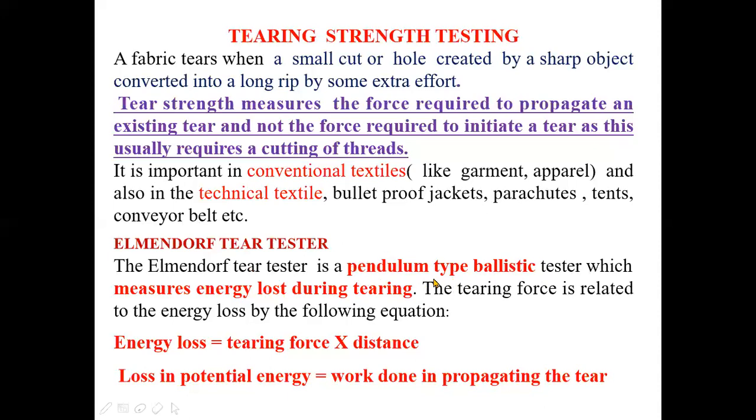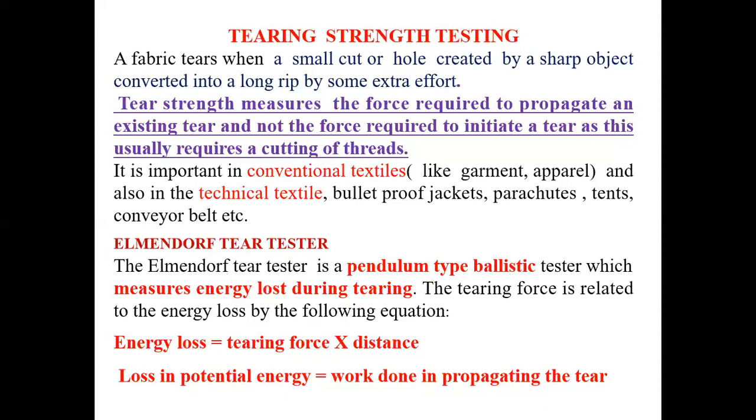Similarly, in the Elmendorf tear tester, the load applied also swings in the form of an arc of a circle, just like a pendulum. That's why it is known as the pendulum type ballistic tester. Now remember one thing, the terms CRL, CRE and CRT are not applicable here, because constant rate of loading, constant rate of extension or constant rate of traverse are applicable only in the case of tensile testing, right?